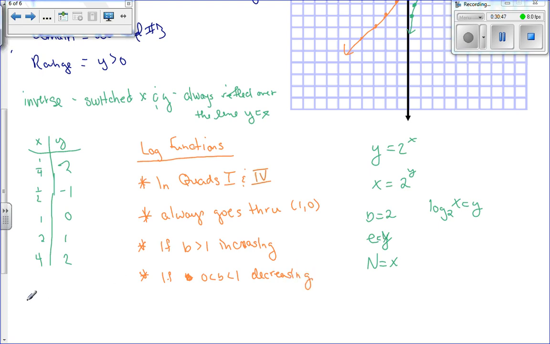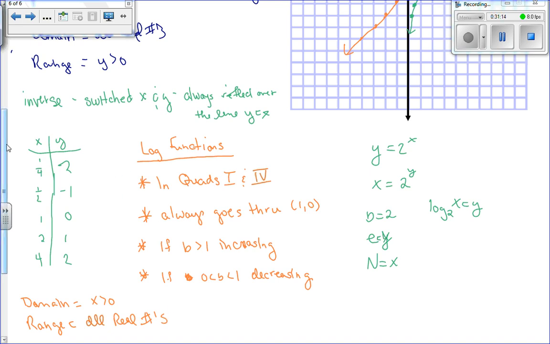Okay, one other thing we need to know is our domain is going to be x is greater than 0, and our range is all real numbers.